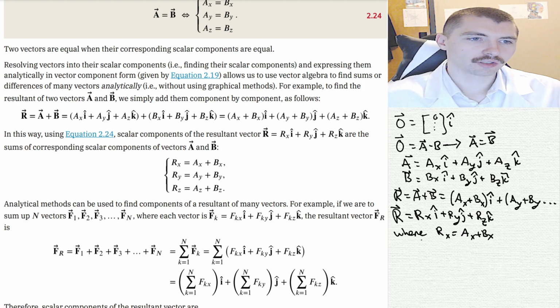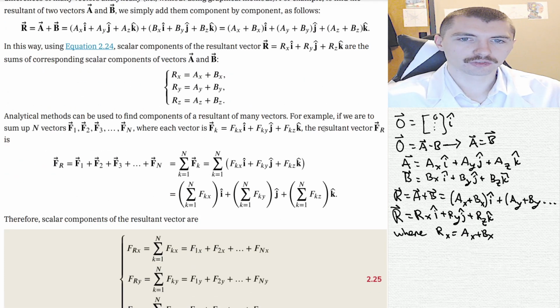Okay, so analog methods can be used to find components of the resultants in many vectors.